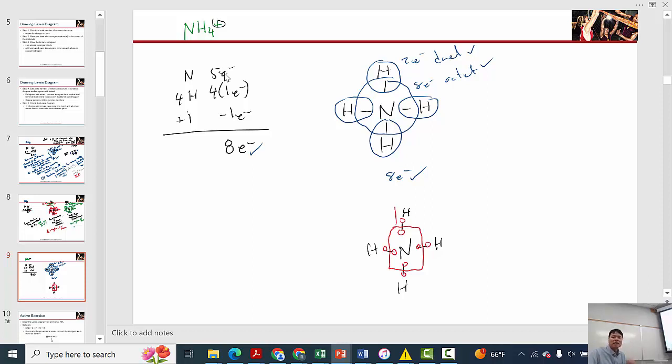And so that means hydrogen ends up with how many electrons here? 1 electron. And how many did it donate? 1. So it broke even, and therefore the formal charge is 0. All the hydrogens are the same. They all end up with 1 electron, and they all have a formal charge of 0.